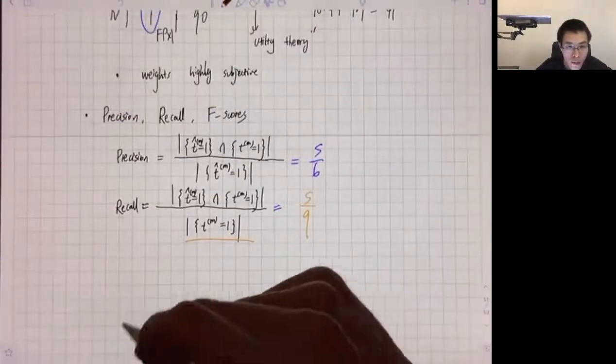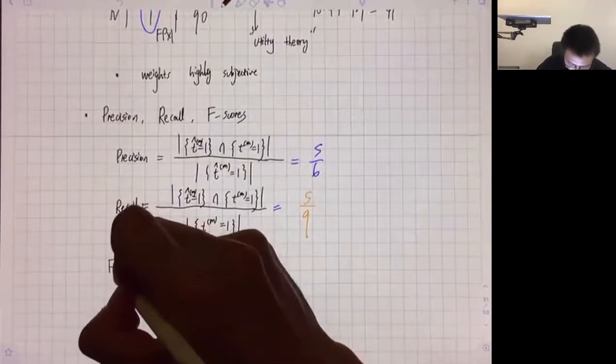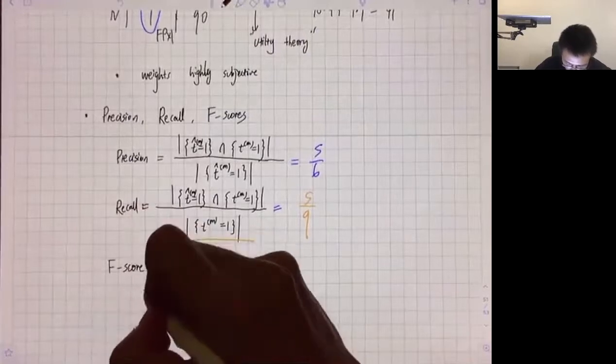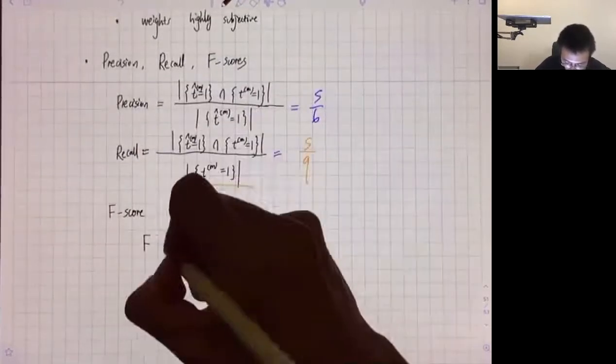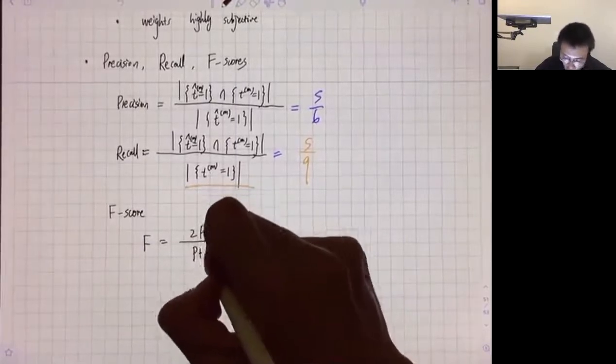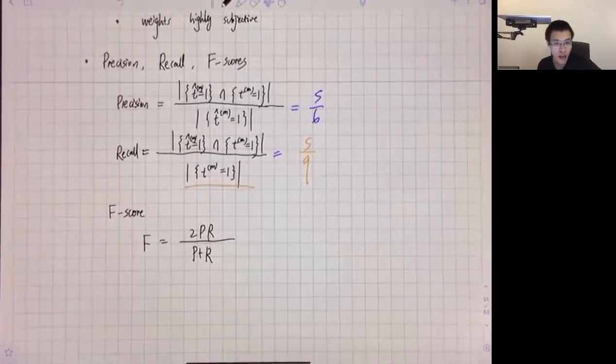And when you combine them together, you get the F measure or the F score. The F score is computed as F equals 2PR divided by P plus R. It's the harmonic mean between the precision and recall.